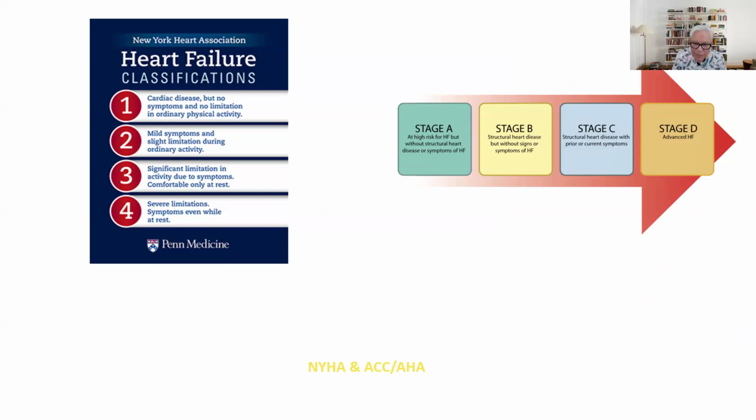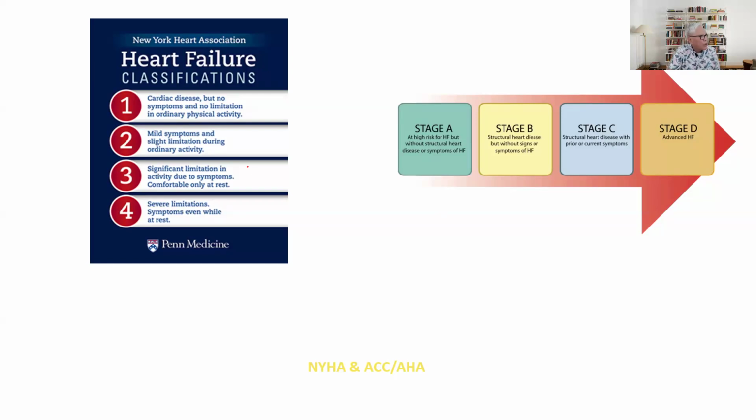Now, in your exam in NCLEX, there might be statements such as a patient has a New York heart failure of 3 or 4 and so on and so forth. These are some of the ways in which heart failure is graded by different organizations. There are 2 organizations that have published, and it is widely used, as far as the staging of heart failure.